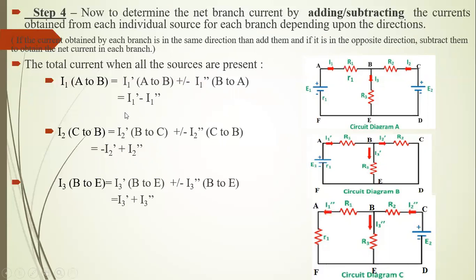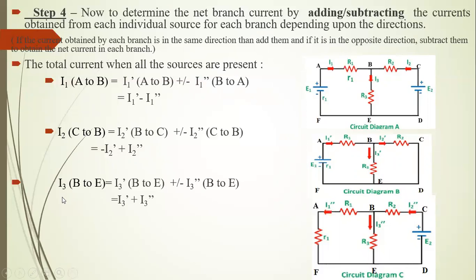Whatever answer we obtain will be the value of I1. If the value of I1 comes out to be positive, it indicates that our assumed direction, from A to B, is correct. And if it comes out to be negative, it means that the direction we assumed is wrong and the actual direction is B to A.